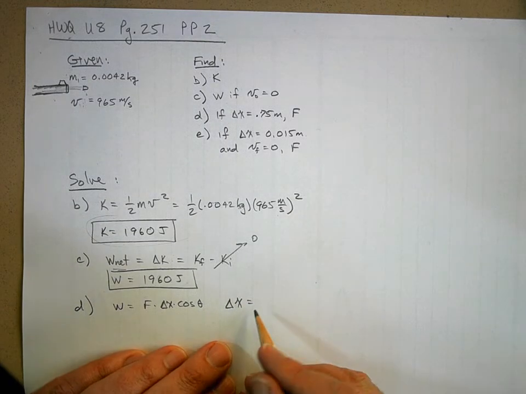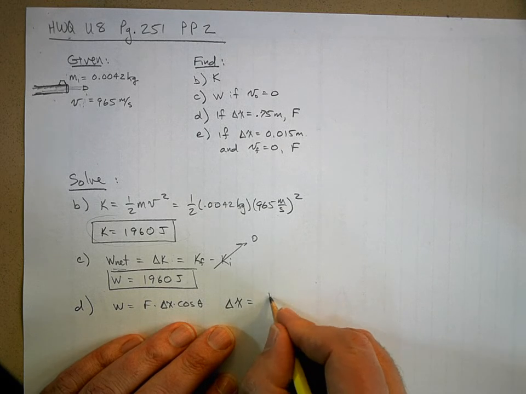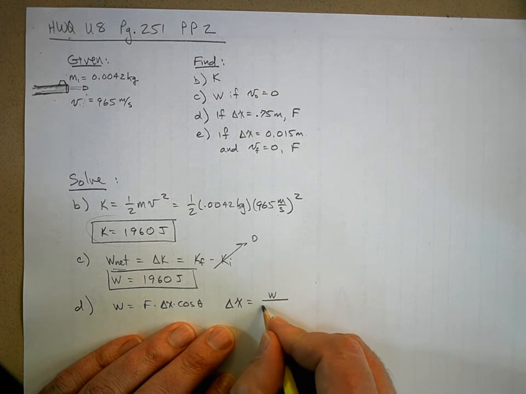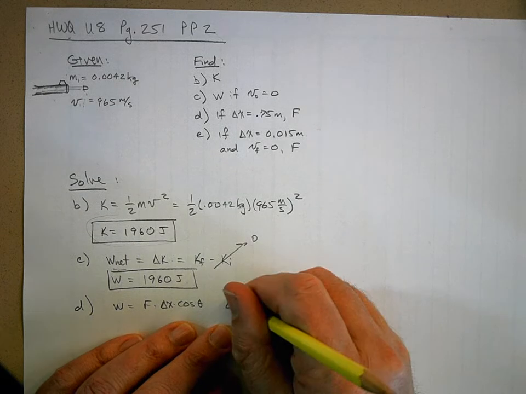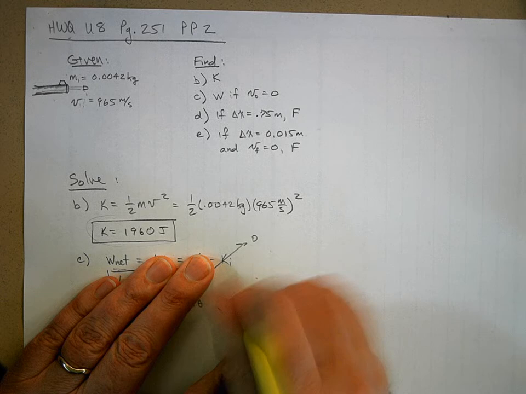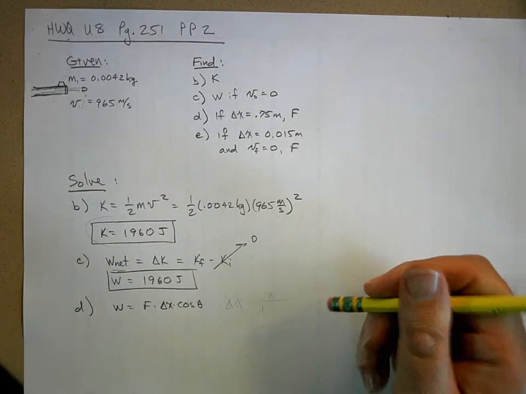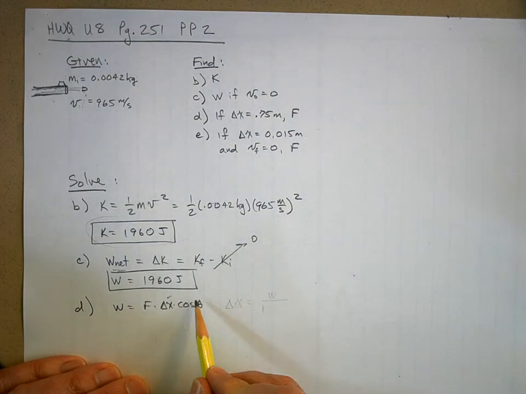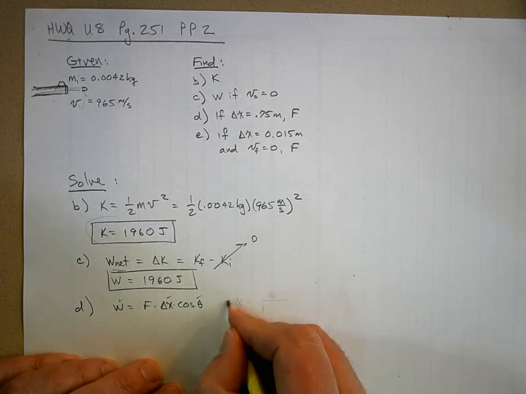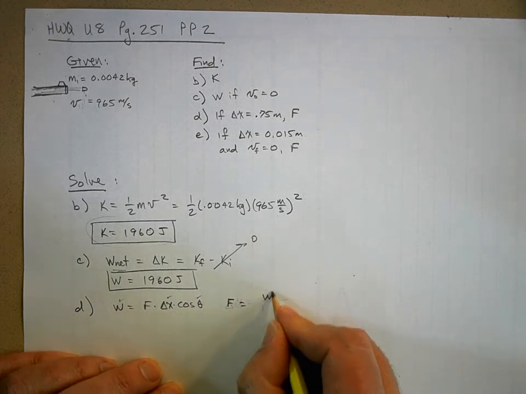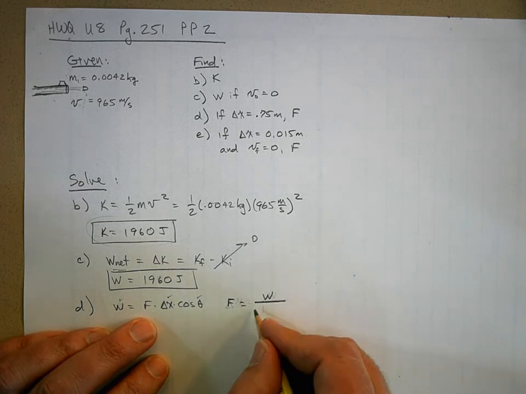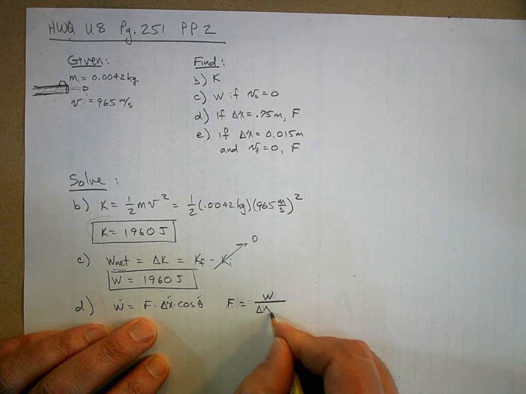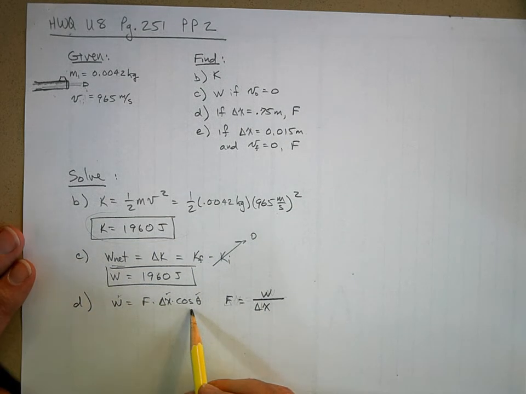So delta x is equal to the work divided by the, wait, I'm trying to find the force, I'm sorry. We're given delta x. We know this, and we know this. So force is equal to the work divided by delta x.